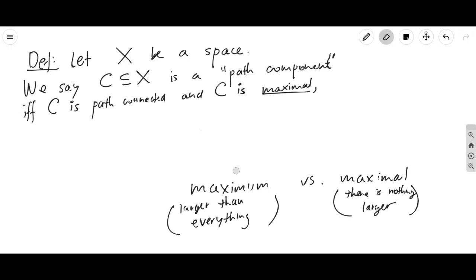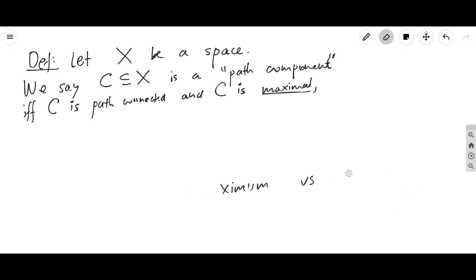So the way you make this precise. By the way, if a set is maximum, then it's maximal. But if something is maximal, it does not mean it is a maximum. So it only goes one way.